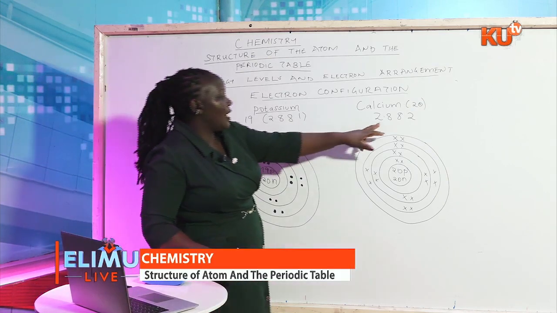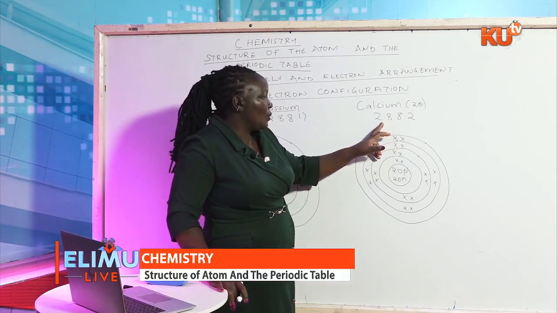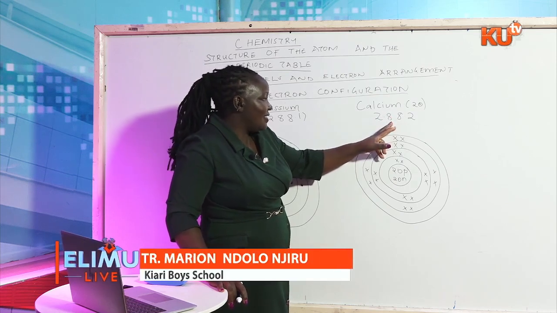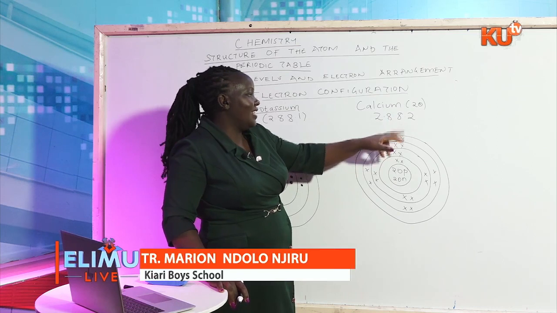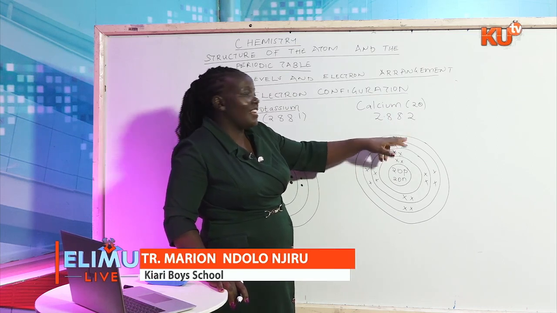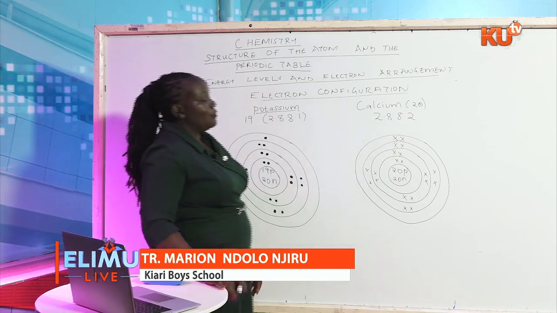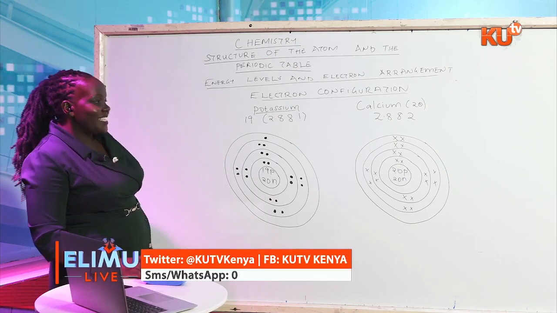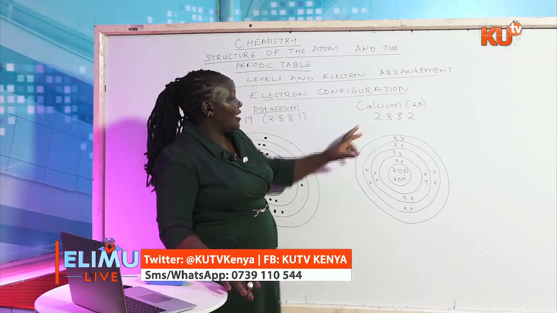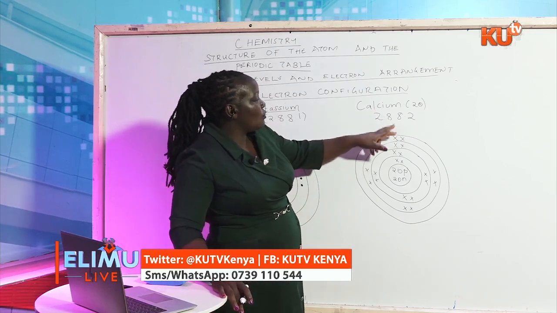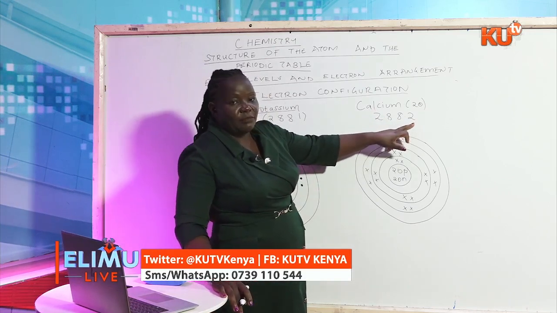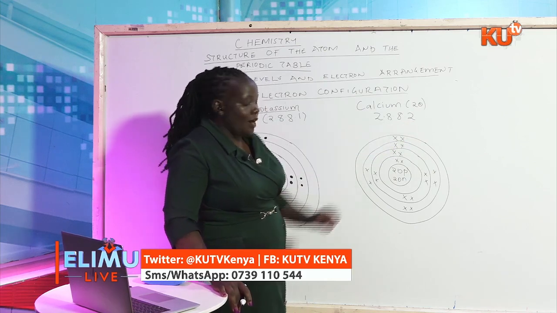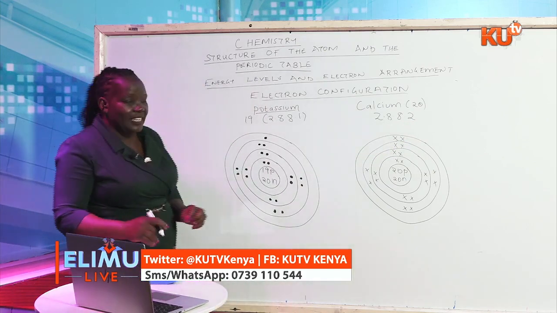When we look at calcium, we have 2 electrons in the first energy level, then 8 in the second, 8 in the third, and in the 4th energy level, we have 2. What that means is that the calcium atom has a total of 4 occupied energy levels, and it has 2 in the outermost energy level.